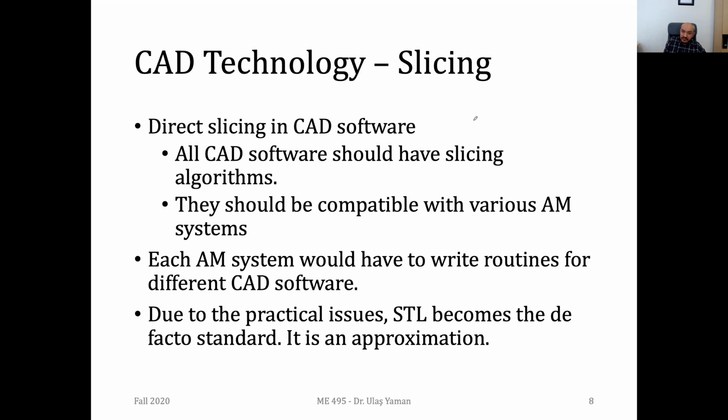Let me draw a box here, and we have an STL in between. And we have another box here. This is AM systems. And we have many AM systems, okay? I'm not going to write anything here. And these are CAD systems.